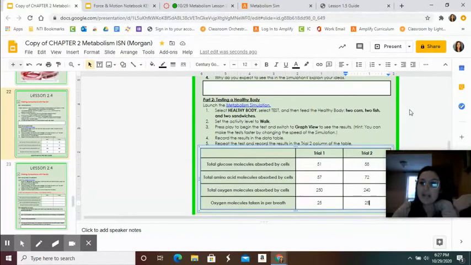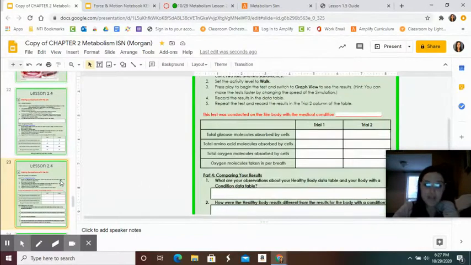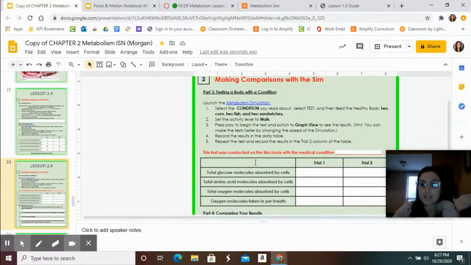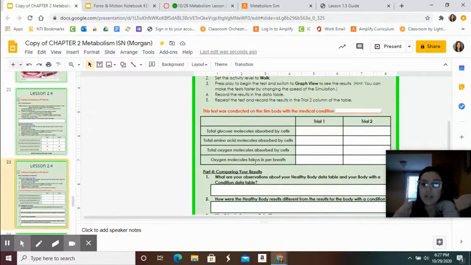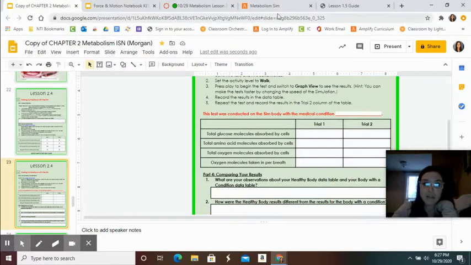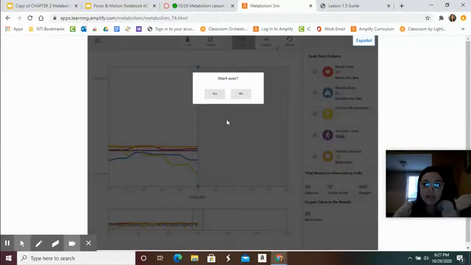Now is when I need to scroll down and go to the next slide. And on this next slide, I need to run my different conditions. And so this was the part where I was telling you that you're going to have to kind of go and skip through. So the first condition I'm going to show is going to be asthma. And so I'm going to go and reset my simulation.